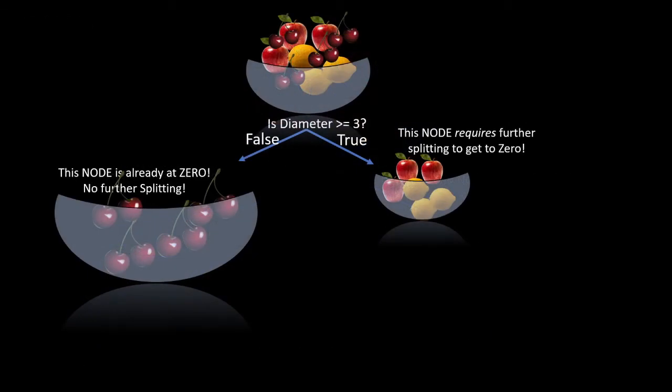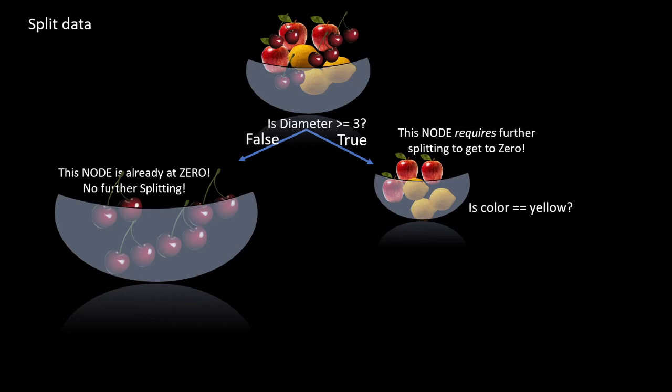So then what happens? I'm in this situation again. I've just reversed the cherries and the apples and lemons here. But I've split the data based on that one condition. Now what I have to do is further split the entropy level that needs to be split even more. So I can look at this and say, the cherries I don't need to split, but the other node I need to split.